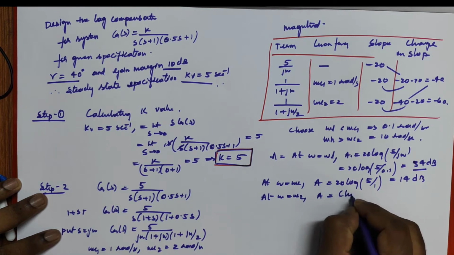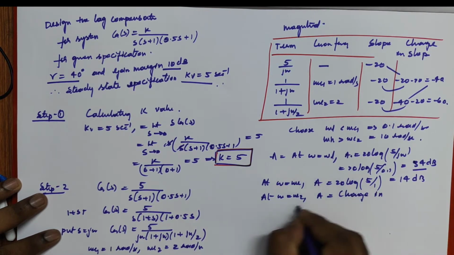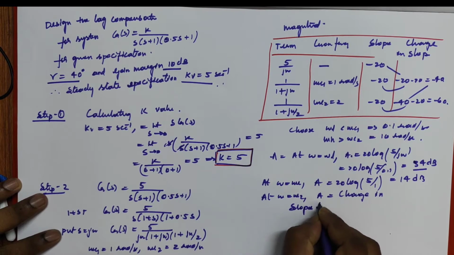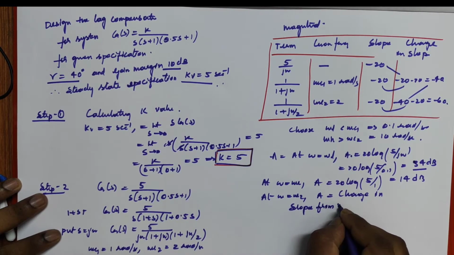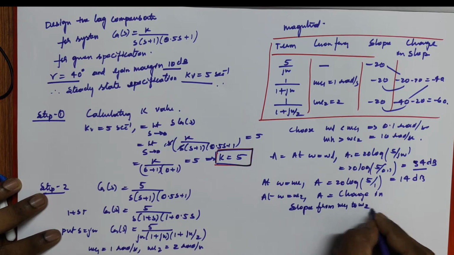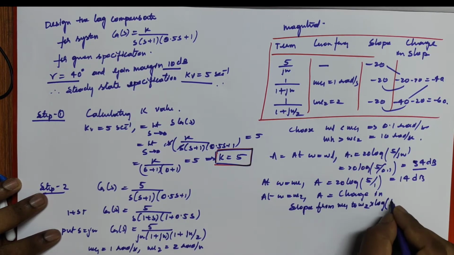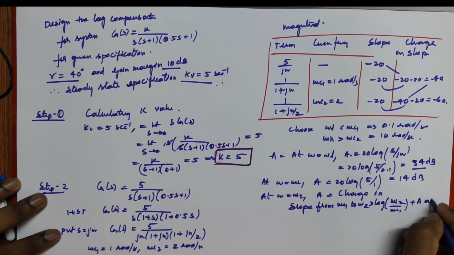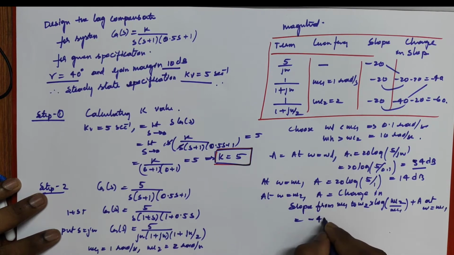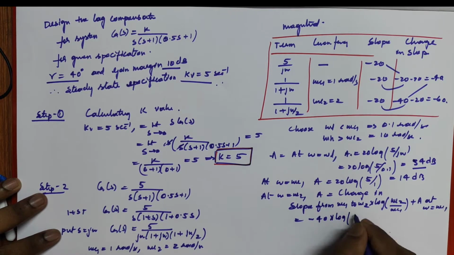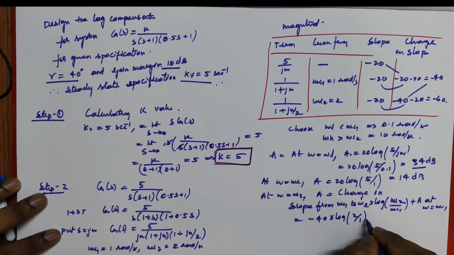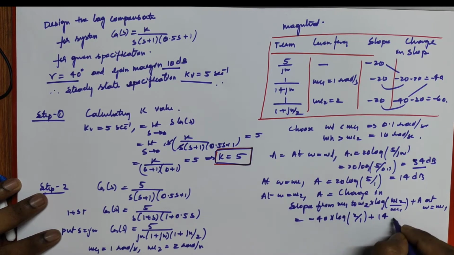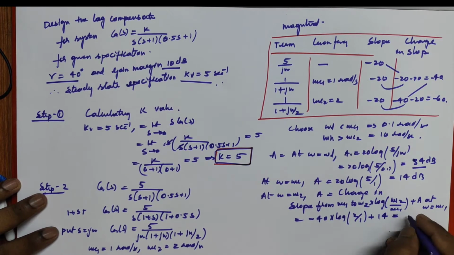So A equals change in slope from omega c1 to omega c2, minus 40 into log of omega c2 by omega c1, plus the magnitude at omega c1. That is minus 40 into log of 2 by 1, plus 14. The value of this is approximately 2 dB.